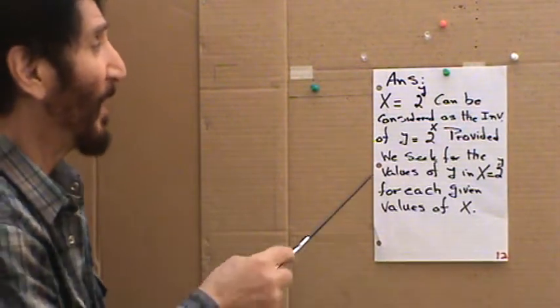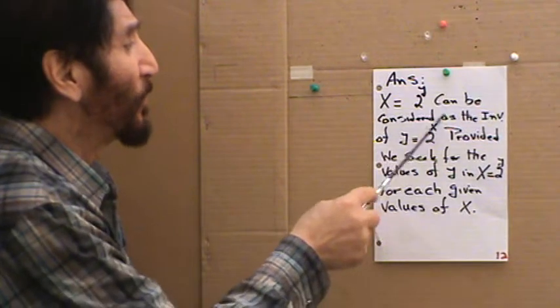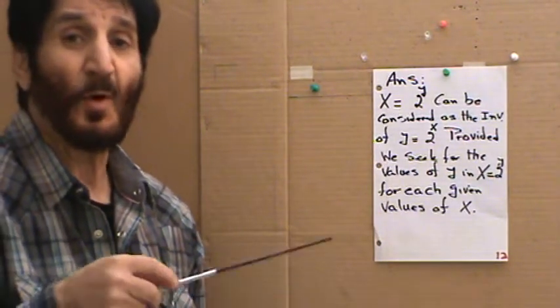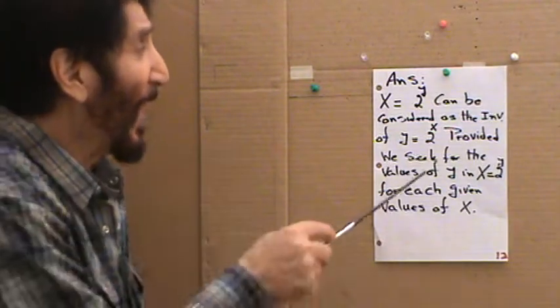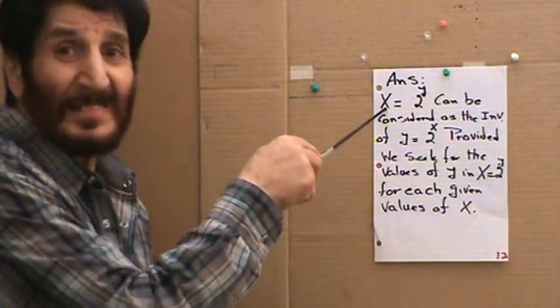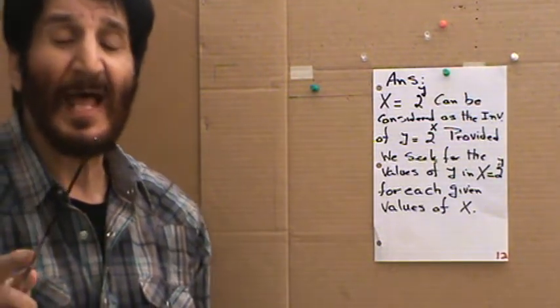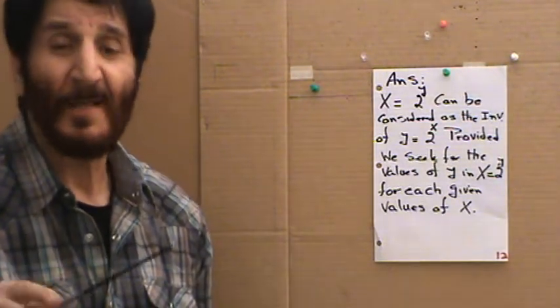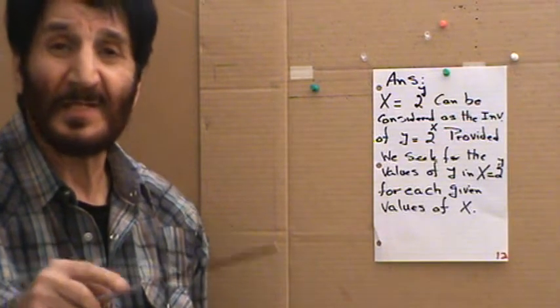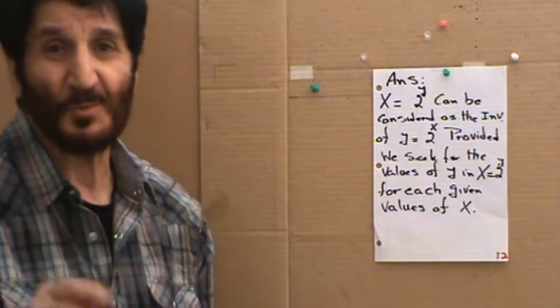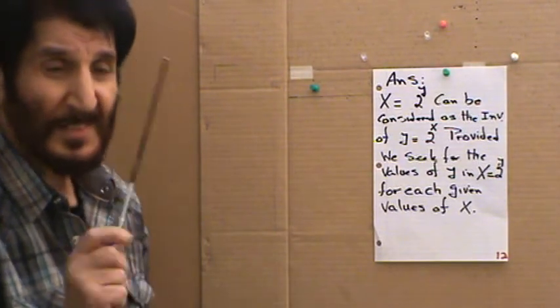I'm repeating myself. Now, to consider this one as an inverse of y equals 2 to the x, we have to select x as the independent variable and ask this question, and the answer of the question will give us the data that we need for the inverse of y equals 2 to the x. Now what is the question?